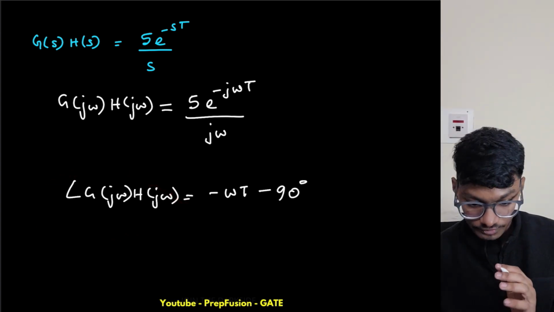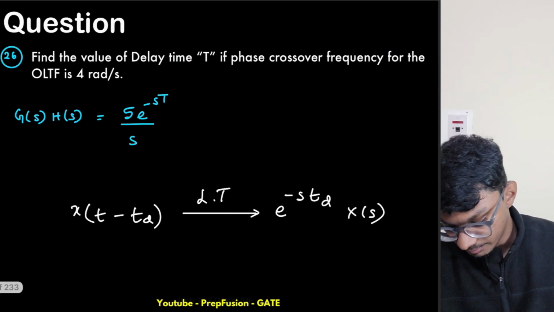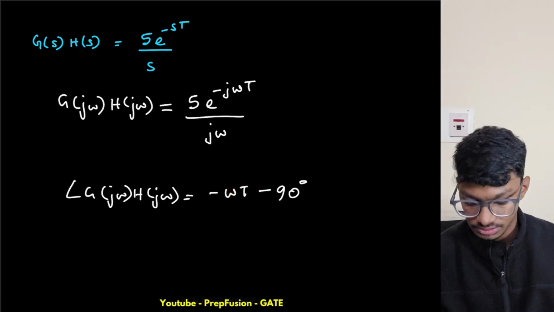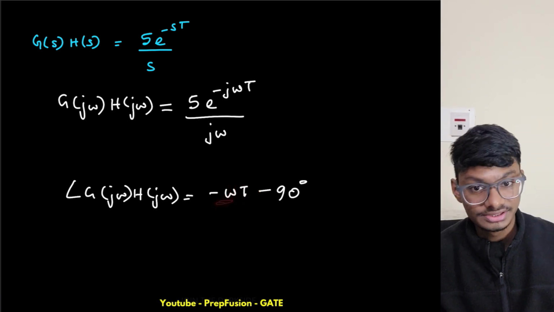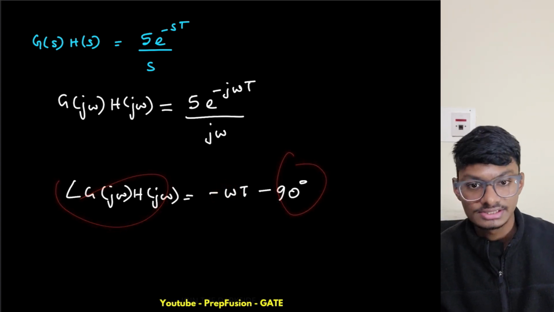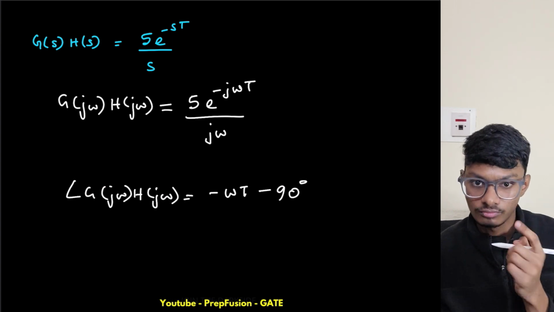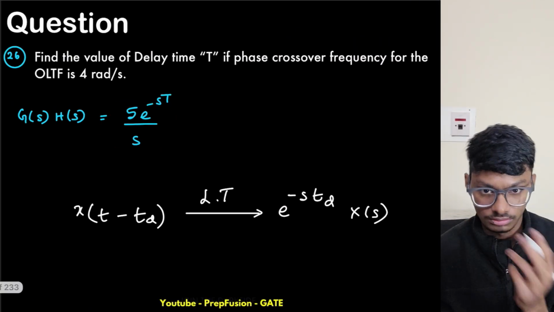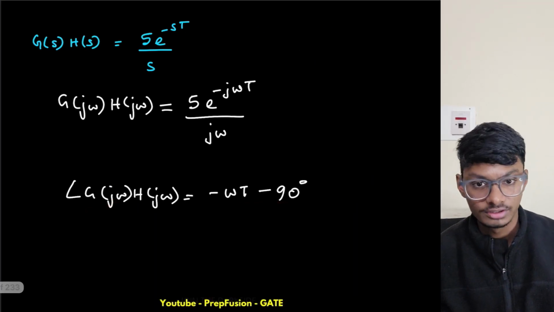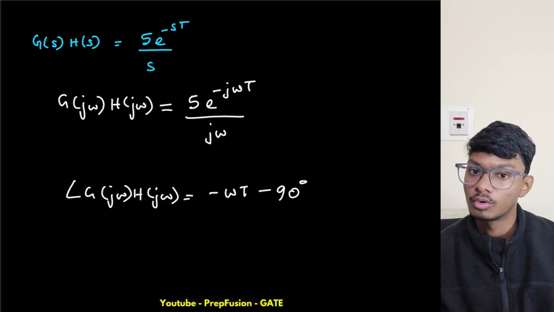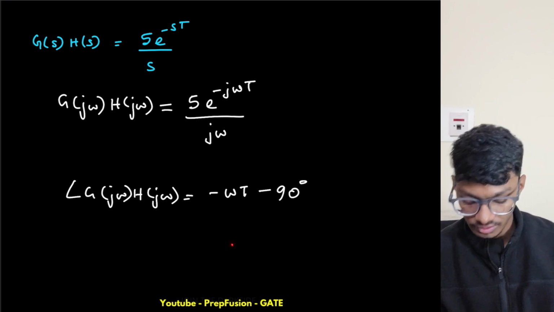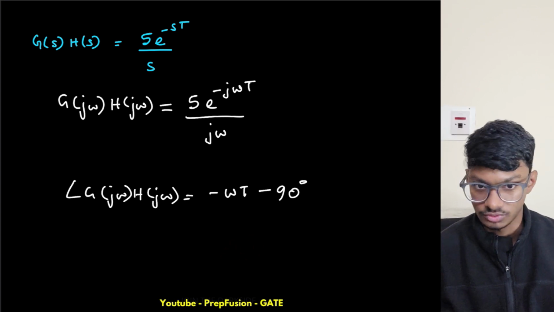Now the problem here is that omega is given in radians per second. The t is in seconds, that is fine, but omega is in radians per second, so I have to convert these degrees into radians. Just be careful while solving the exponential values. Previously we were converting everything to degrees because everything was in terms of tan inverse, and that was not an issue.